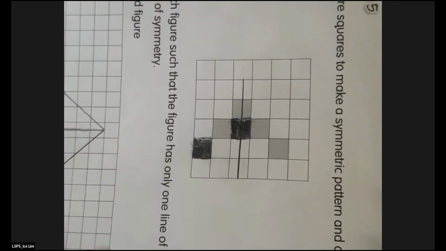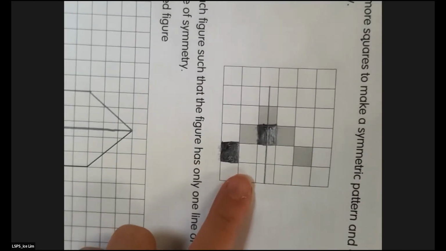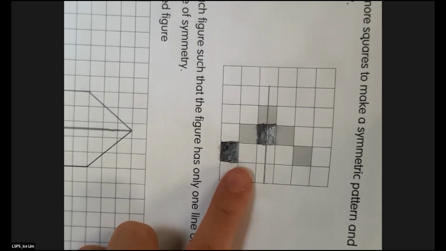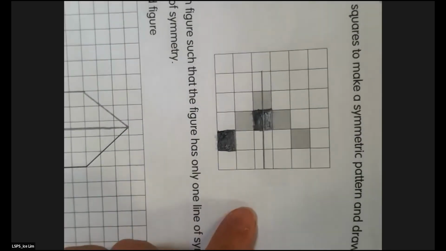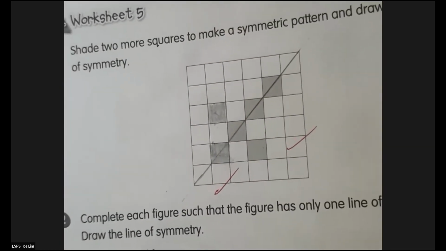Here's another one. Okay, some of our friends have this one. A few of us. They drew the line of symmetry this way. Is it symmetric? Yep. Okay. So a few possible answers here: 1, and then 2, this one, and 3.